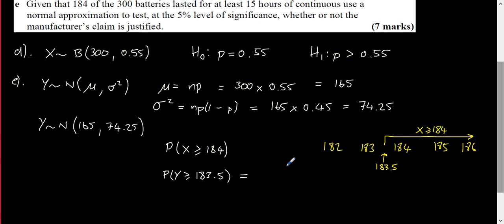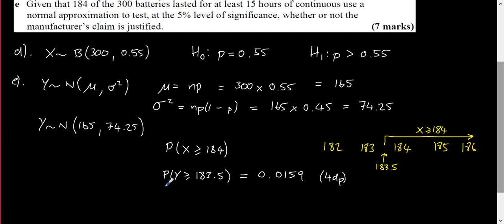For our sigma value, I'm going to type in the square root of 74.25 using the square root button. When you press execute, that turns into 8.6168 and so on. Our mu value is 165, and then we can calculate this probability, and we get 0.0159, to 4 decimal places.